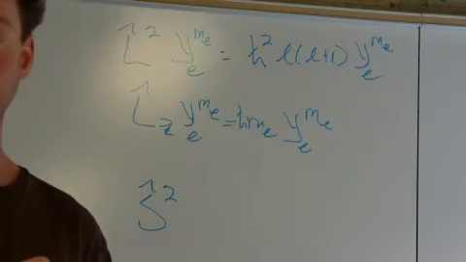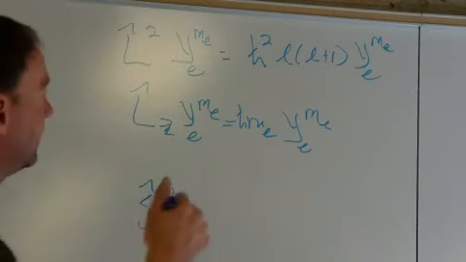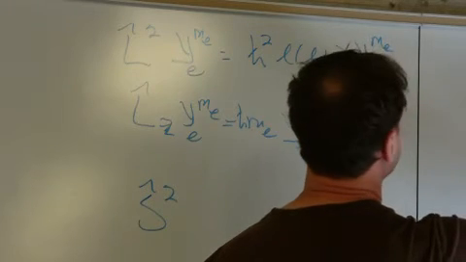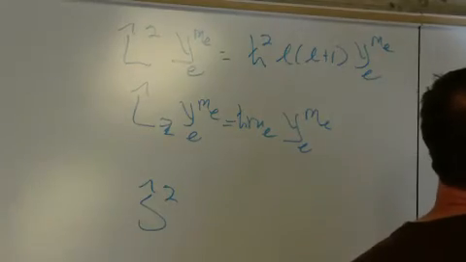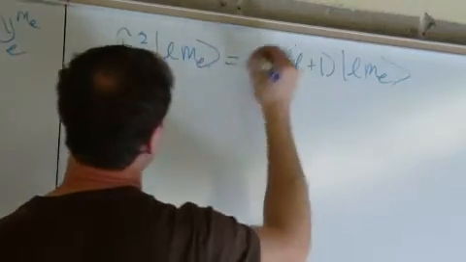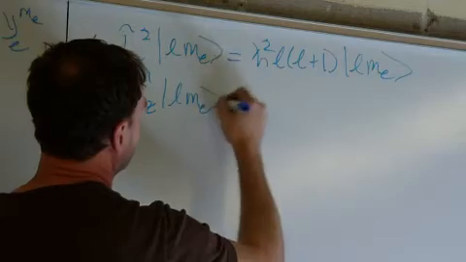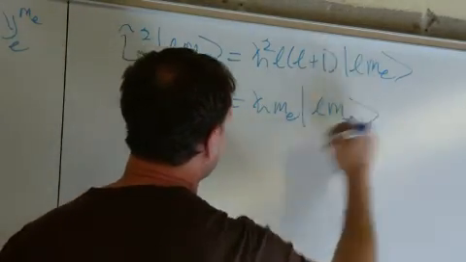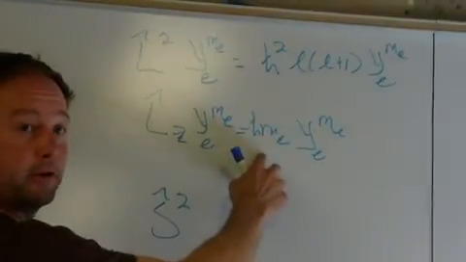And so we could have said, L squared on |l m_l> equals l(l+1) H bar squared |l m_l>, and Lz on |l m_l> equals H bar m_l |l m_l>. So this is like the Schrodinger representation from the wave equation with functions.